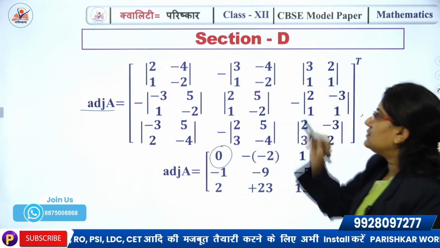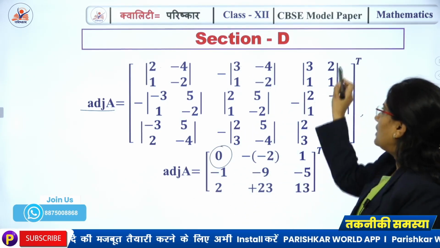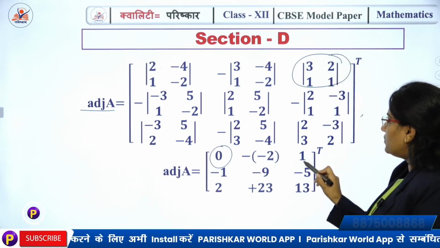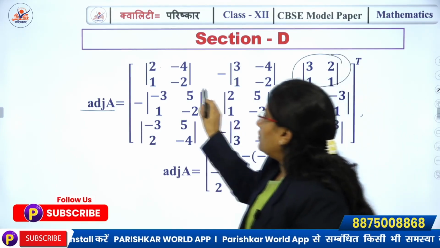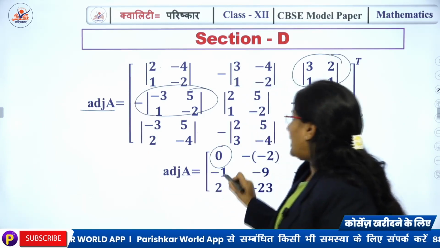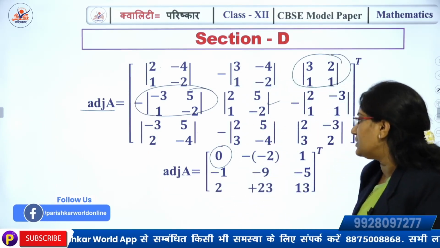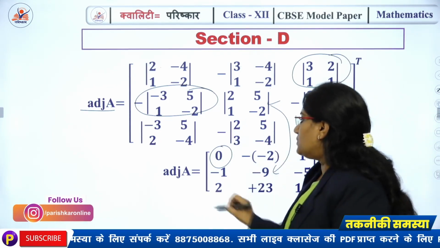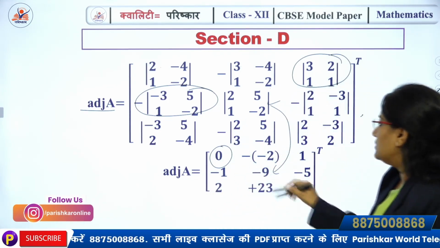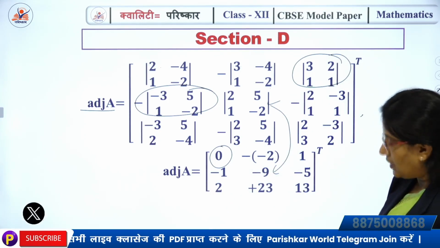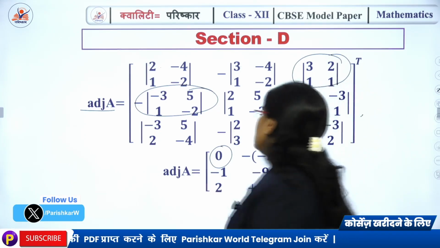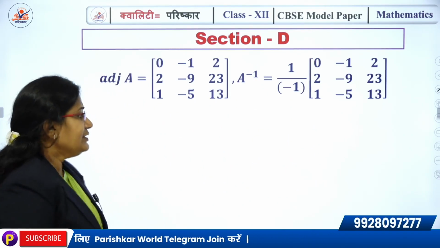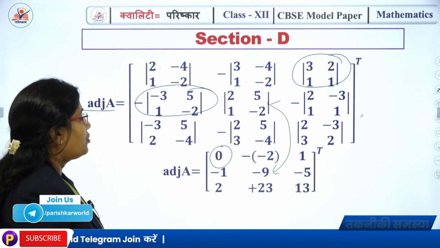Again, we'll calculate this determinant. We have minus of minus 2. After calculating this determinant, we have the value 1. From solving this determinant, we have the value minus 1, and after solving this determinant, we have the value of minus 9. After solving all these determinants, we have adjoint A as the transpose of this matrix. How to calculate the transpose matrix? Just interchange rows and columns.